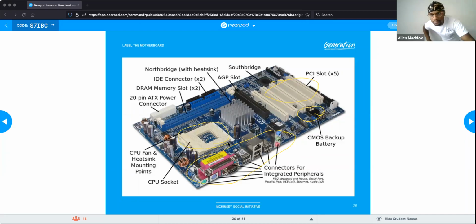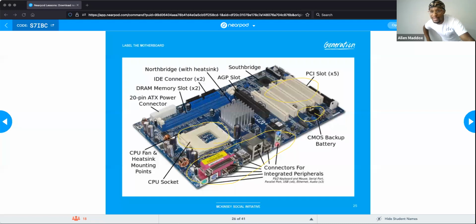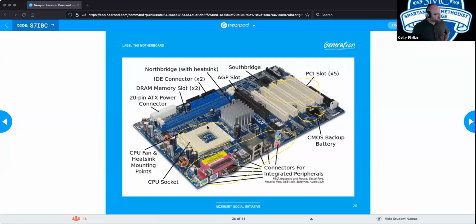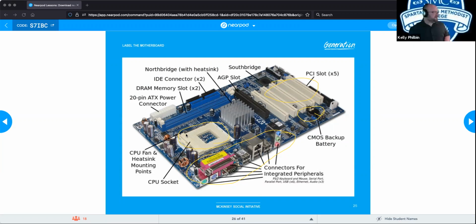Intel? Go ahead, Luis, you got Intel. It's got a bunch of little holes in it. So do we think Intel? Let's take a vote. Thumbs up if you think it's Intel. Is there a way for you to expand the picture? Unfortunately not with Nearpod.